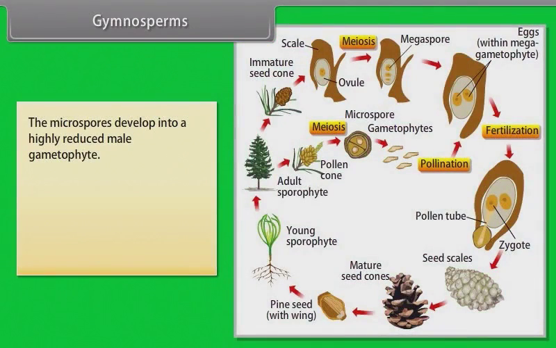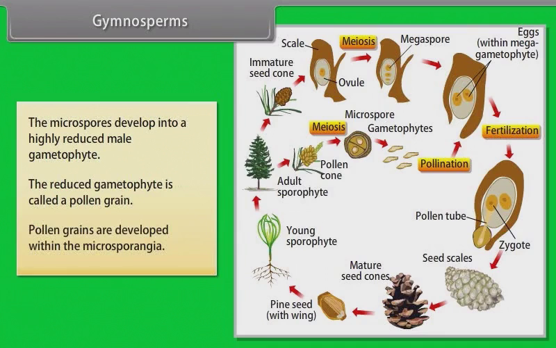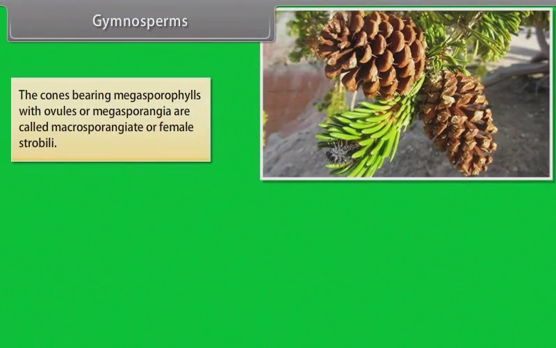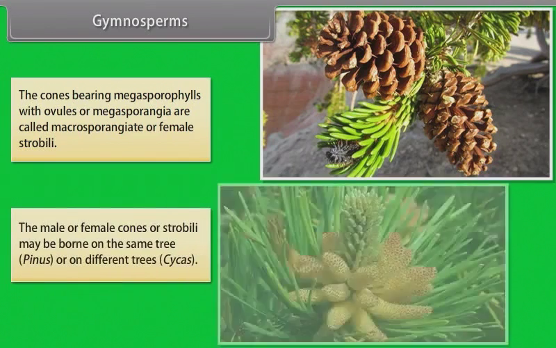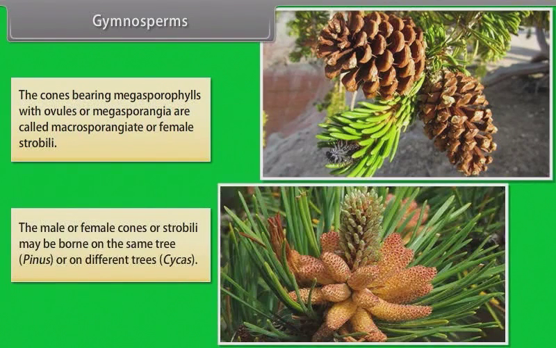The microspores develop into a highly reduced male gametophyte called a pollen grain. Pollen grains are developed within the microsporangia. The cones bearing megasporophylls with ovules or megasporangia are called macrosporangiate or female strobili. The male or female cones may be borne on the same tree, Pinus, or on different trees, Cycas.